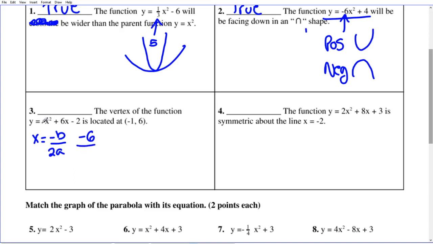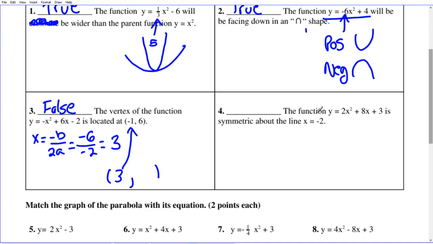My a is negative 1. 2 times negative 1 is negative 2. And then I do the math. That gives me 3. Well, already I can say this is false because the x value of the vertex is 3, not negative 1. False.